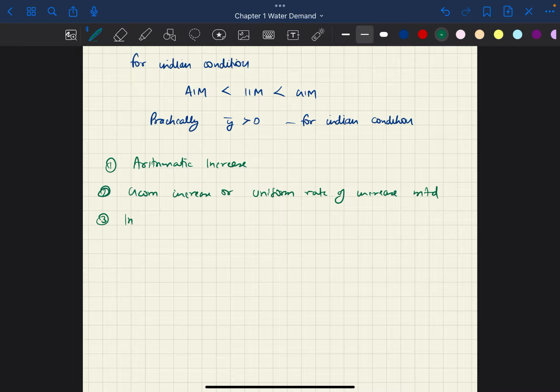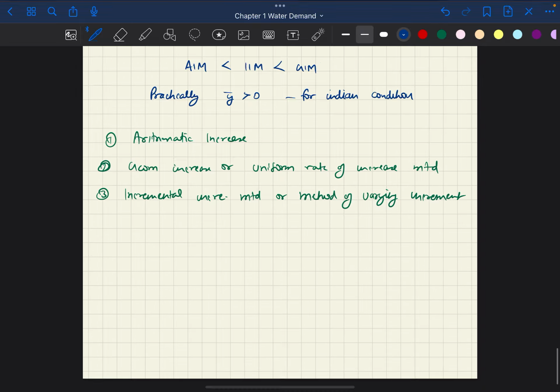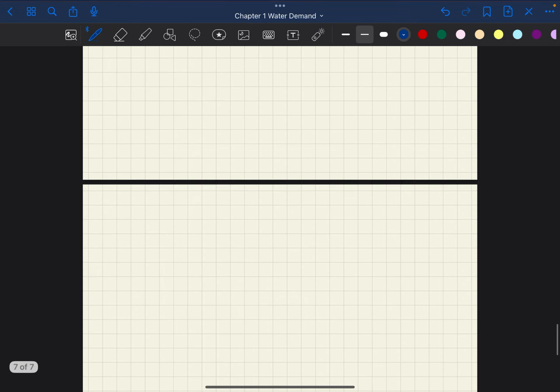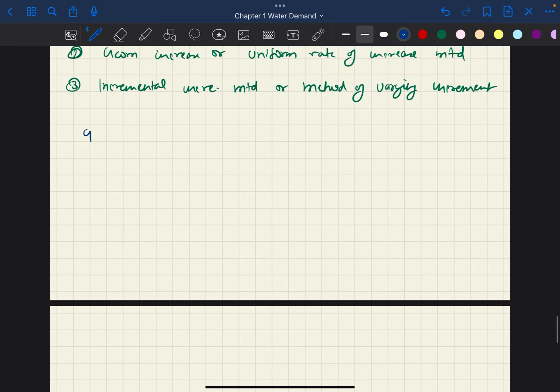Third is incremental increase method or method of varying increment. Now comes the fourth method. Fourth method is decreasing rate of growth method.